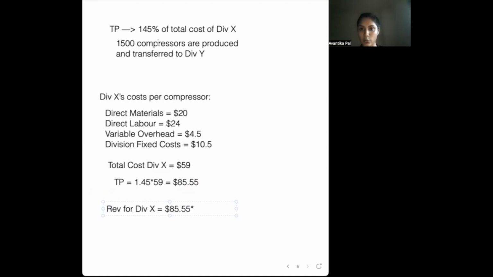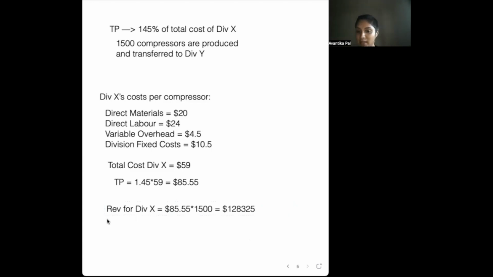And they've mentioned that 1,500 compressors are produced and then transferred to Division Y. So you multiply that by the quantity and you get your revenue, which is 128,325. So this would be your revenue for Division X.